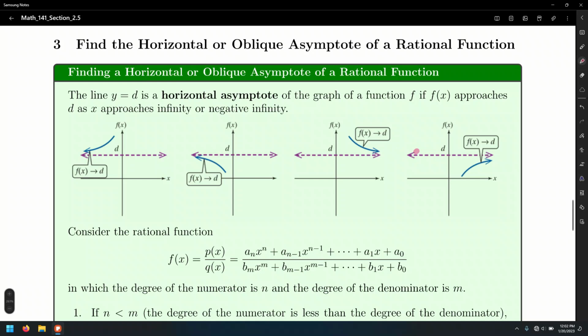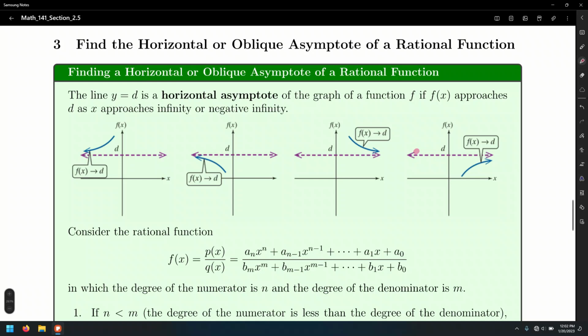However, as opposed to what we looked at last time for vertical asymptotes, we described that a graph cannot cross a vertical asymptote. That's actually a discontinuity in the function. However, that's not necessarily true for horizontal asymptotes, because it turns out that it is possible that a graph crosses its own horizontal asymptote.